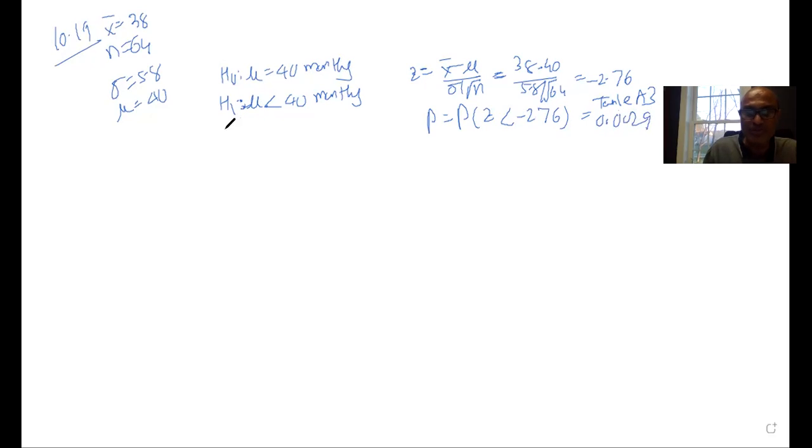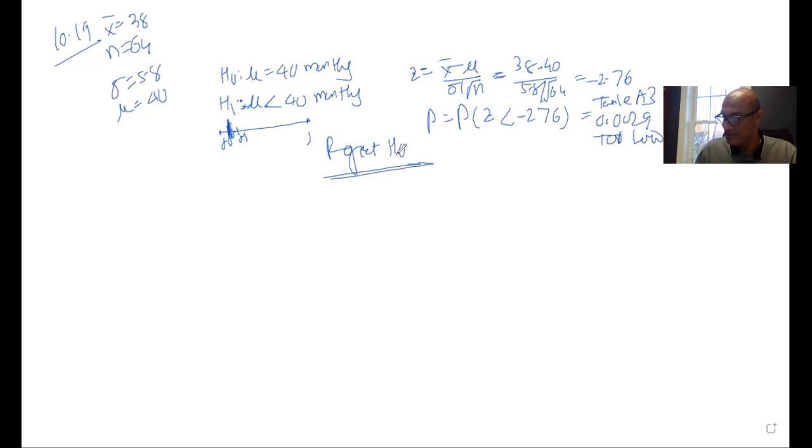You know this thing, this is my 0 and this is 1, and 0.0029 lies somewhere over here. So it's an extremely low probability. It's too low, and that's why we reject H0. Reject H0. So I think, yes, we are good with this one.